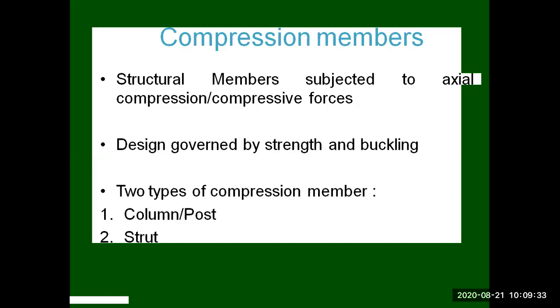And if you keep the pen at two ends and push inside, axially push, that is the compression. So are you getting the difference between tension and compression? Tension is nothing but pull on any member, and compression is nothing but push on any member. So we can define the compression member: the compression member is subjected to axial compression or axial force.